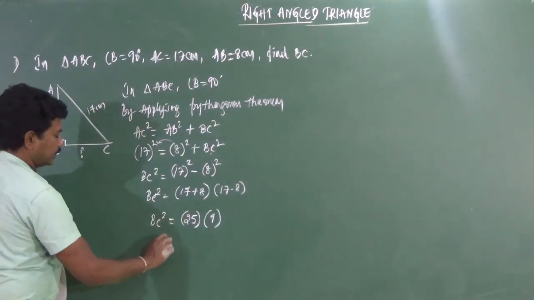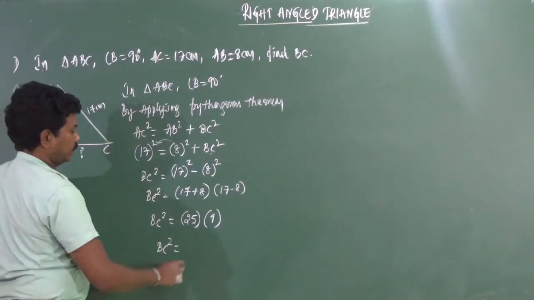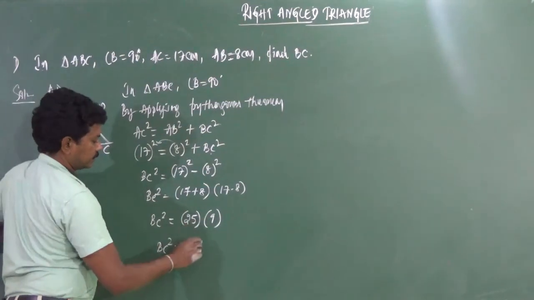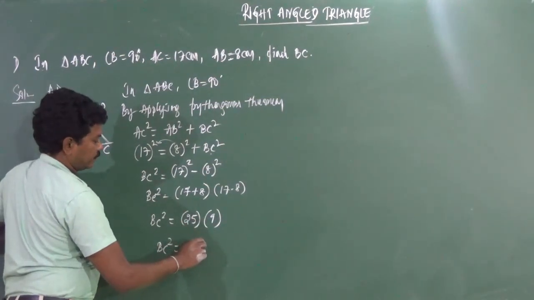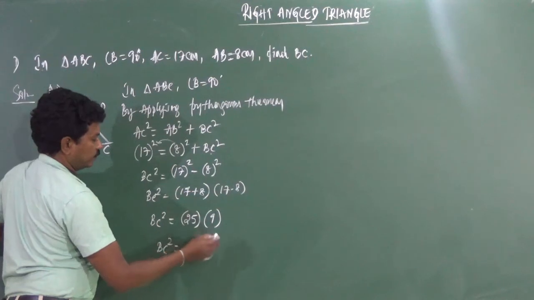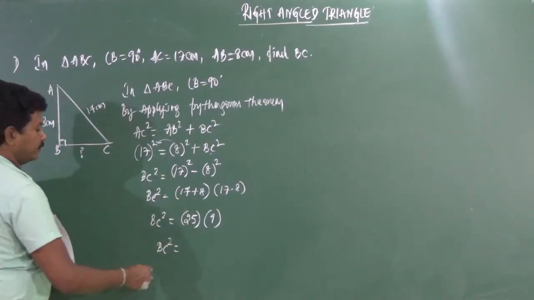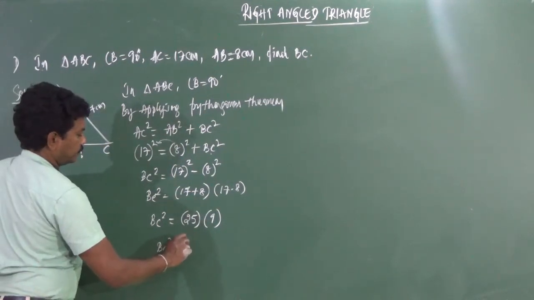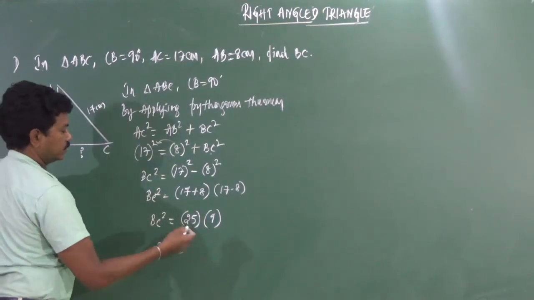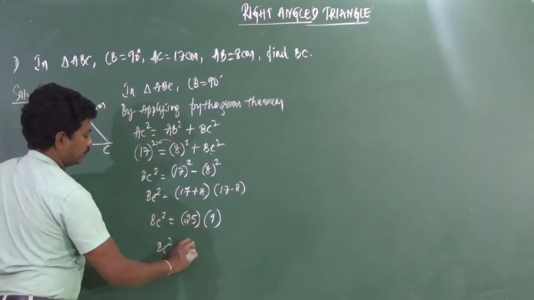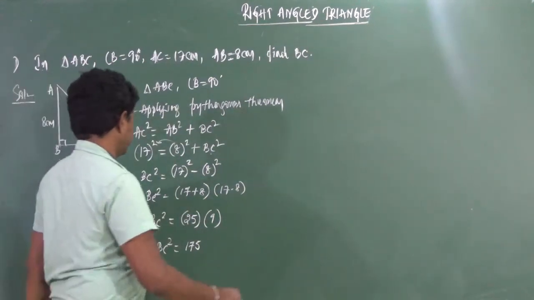So BC square is equal to 25 into 9, which is 225.